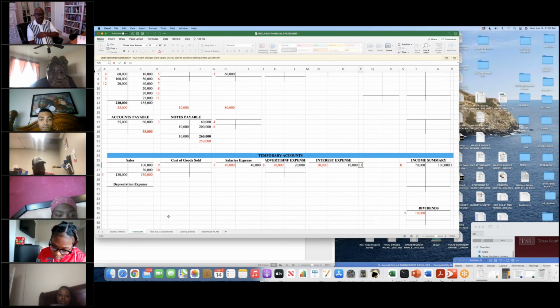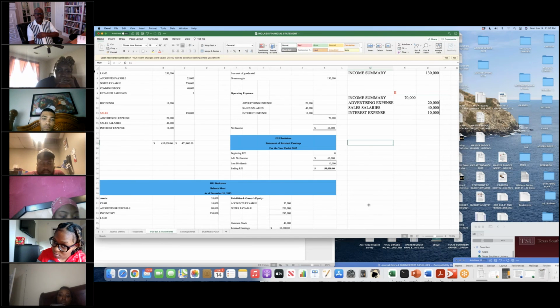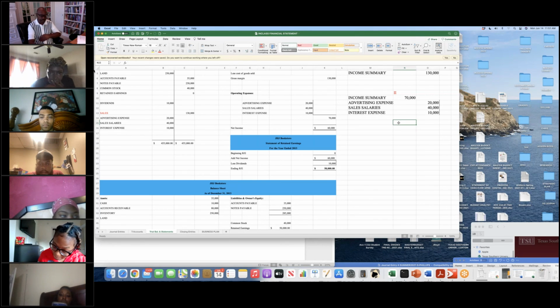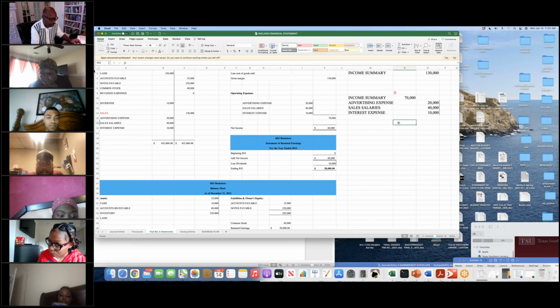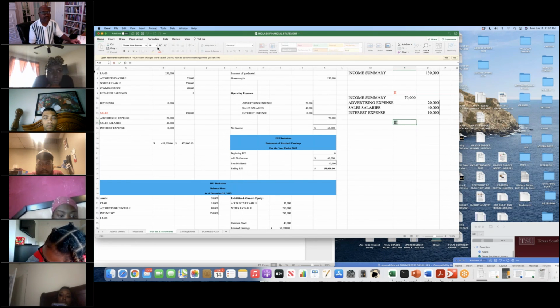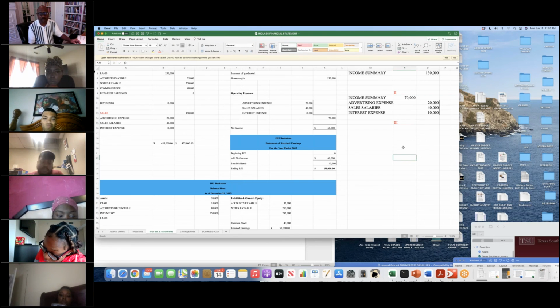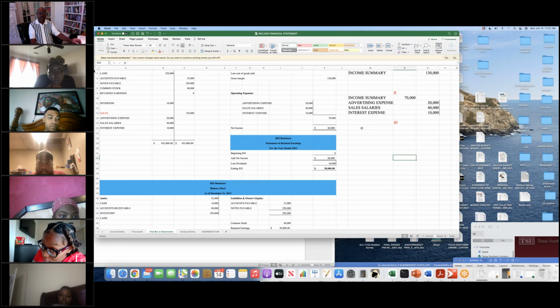Now we need closing entry 3. And what's closing entry 3? Retained earnings. I put it here to let you know that the amount is the net income.